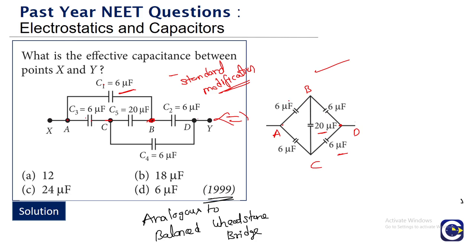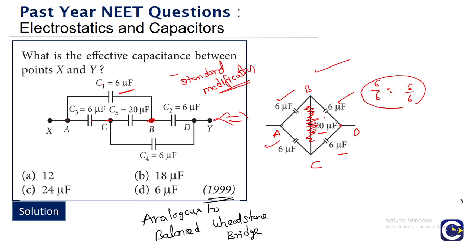Now you see the 6 by 6 is equal to 6 by 6, this is the balancing condition. So the diagonal capacitor will not get a charge. In the case of the electrical circuit Wheatstone bridge, the diagonal resistance will not get current.